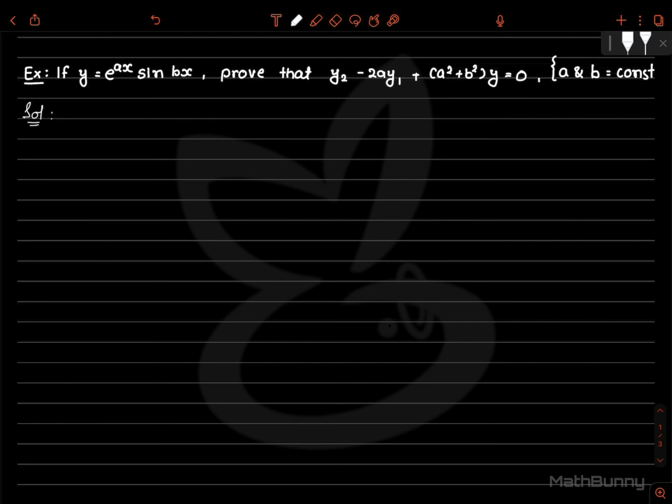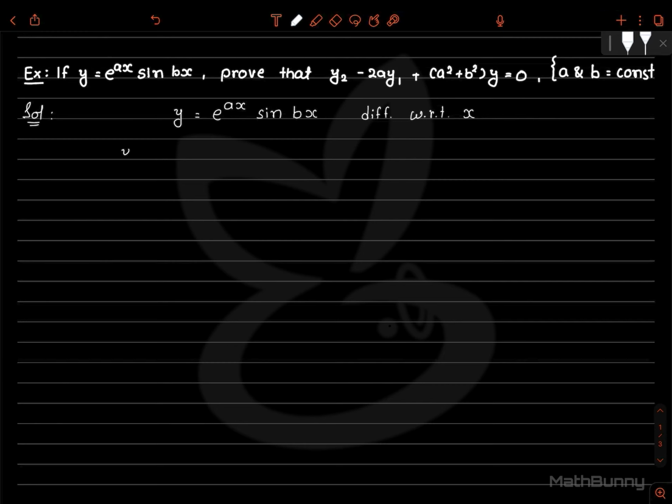It is given y is equal to e raised to ax sine bx. Now we will differentiate this equation with respect to x.